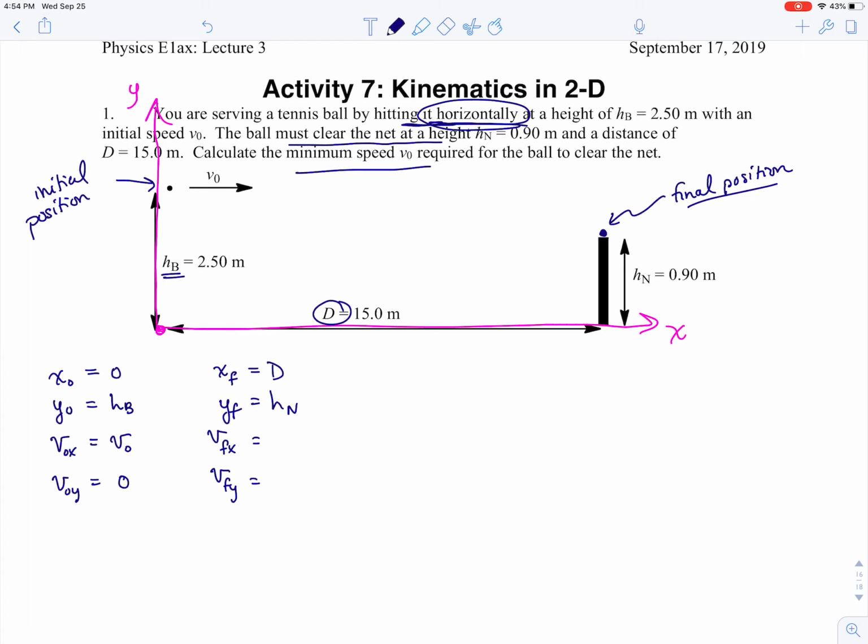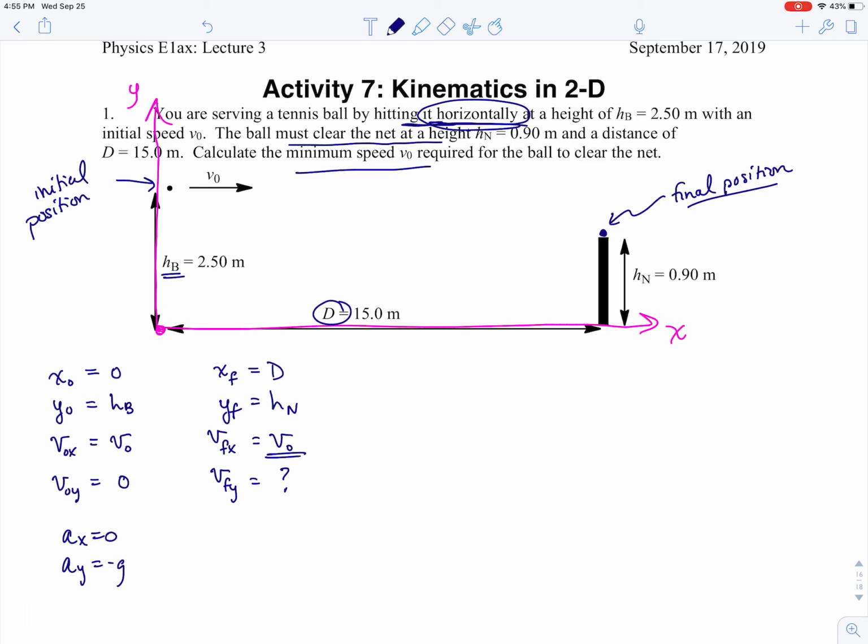At the final position, the x velocity is going to be the same. How do I know that? I know that because the acceleration in the x direction is 0, and the acceleration in the y direction is minus g. So if there's no acceleration in the x direction, the velocity can't change. So this is just going to stay v naught. And we don't know the final y velocity.